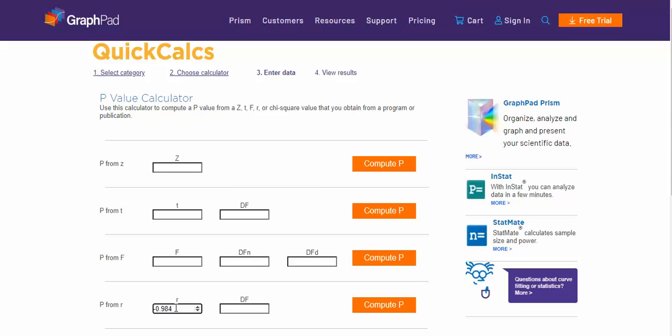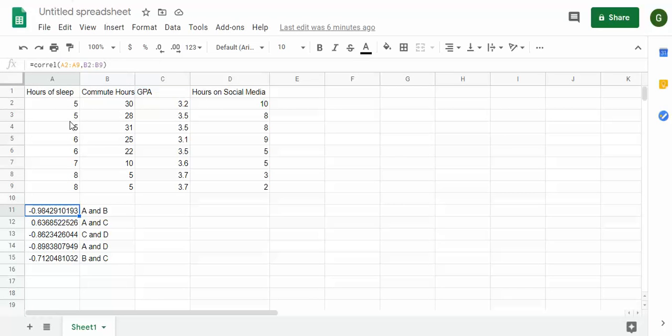I'm just going to use 3 digits because 2 or 3 would be close enough, but I'm using 3. And we need something called df. You might have heard of this before if you've taken a stats class. In the case of a correlation, the df is just the sample size minus 2, which would be, well, I have 8 people. 8 minus 2 would be 6.